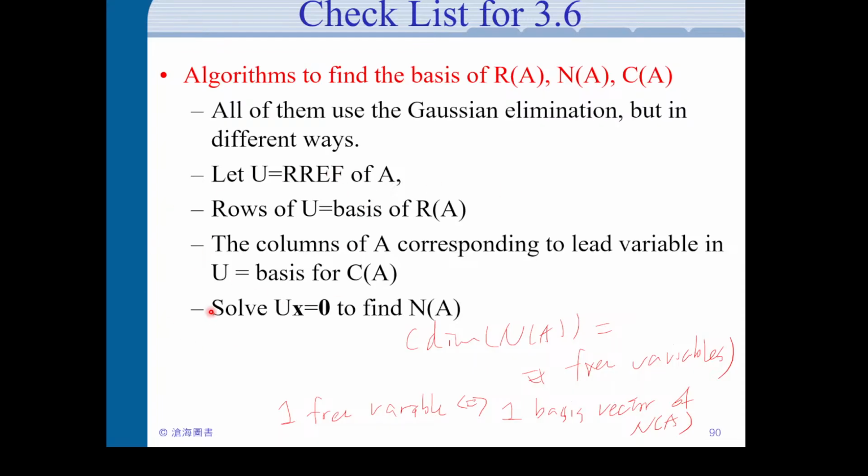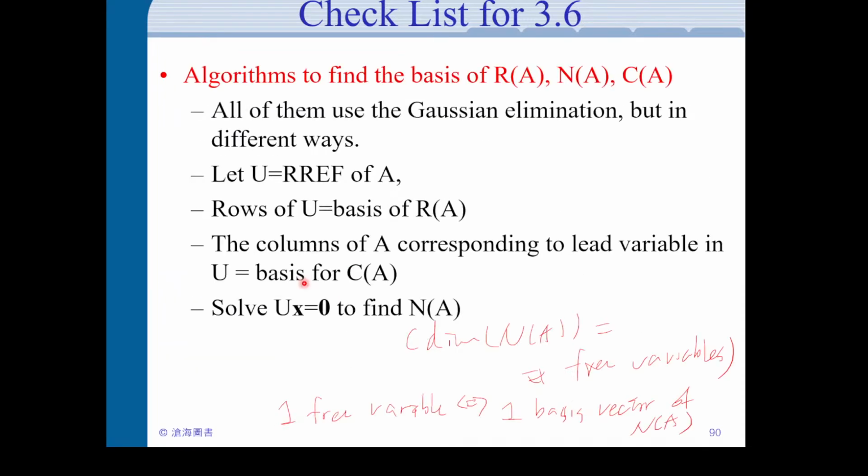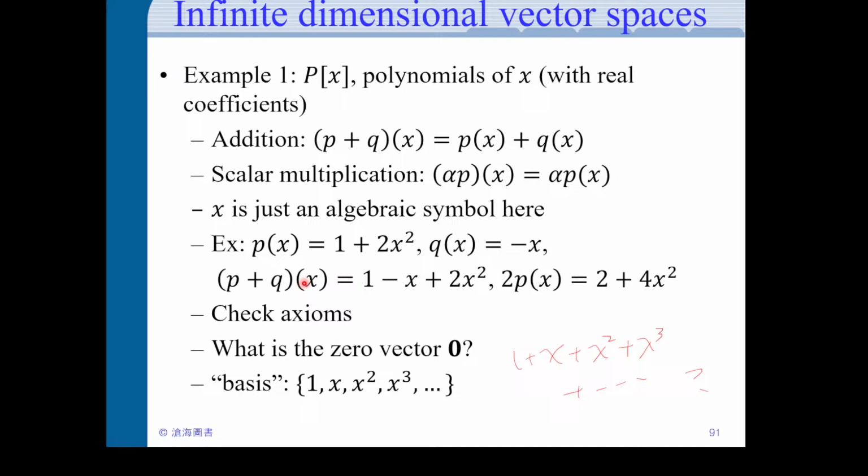Okay, let's skip through the checklist first, because we have a bit of extra time, and let's talk a little bit about something extra. Something that we don't cover too much in this course, but is nice to know that it exists. That's infinite dimensional vector space. So far we have been talking about finite dimensional vector space, basically Rn.